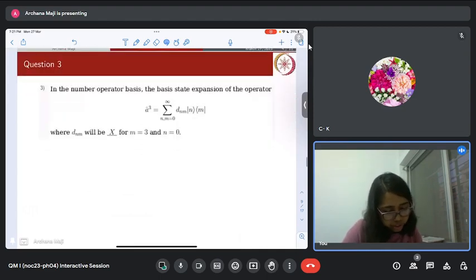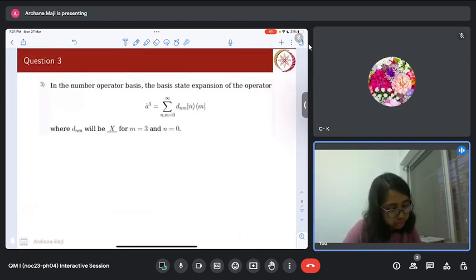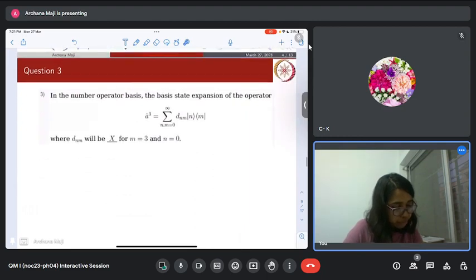Okay, third question. In the number operator basis, the basis state expansion of the operator is given, where d_nm will be what? So for m equal to 3, n equal to 0. First of all, what is d_nm?